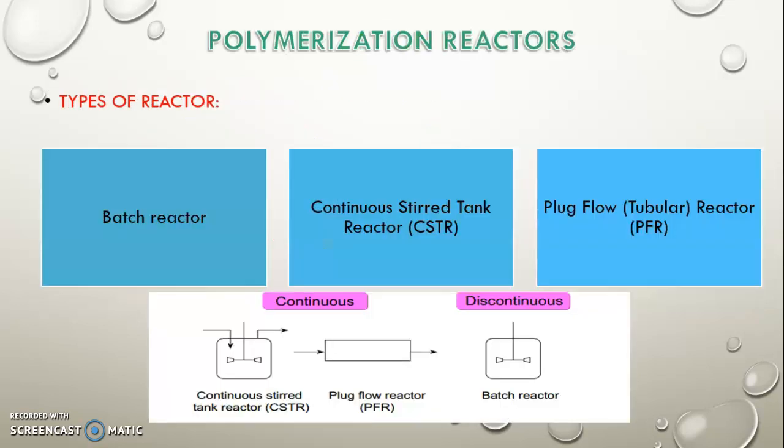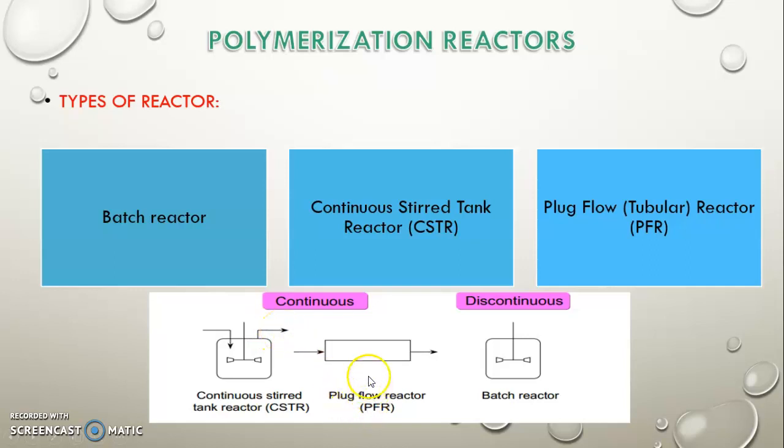Okay, we have 3 types of reactor which are batch, continuous stirred tank reactor ataupun CSTR, short form dia, and the last one is plug flow or tubular reactor which is PFR. Okay, schematic diagram dia macam ni. This is the inlet of the material. Okay, ini adalah stirrer and this one is the outlet of the product.